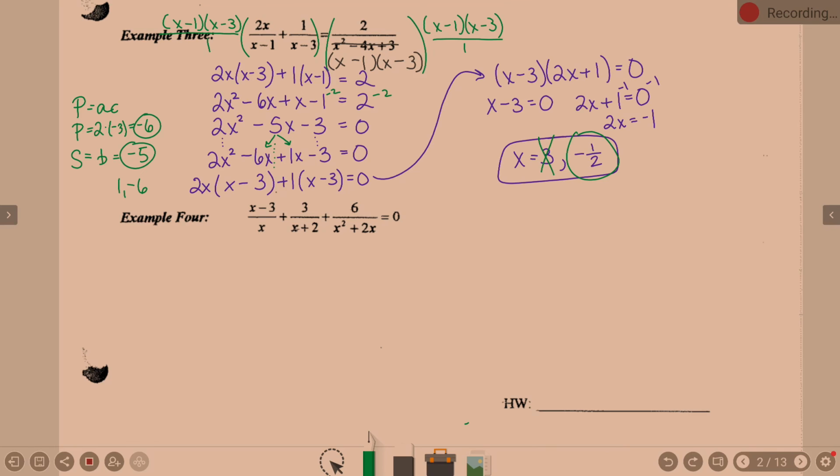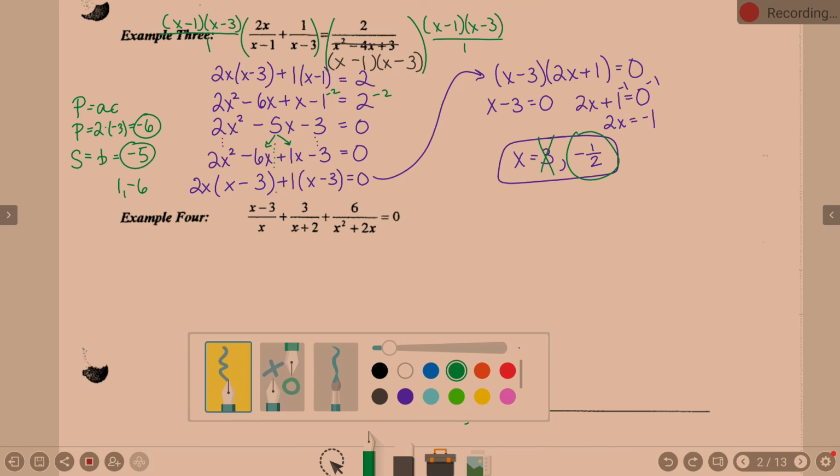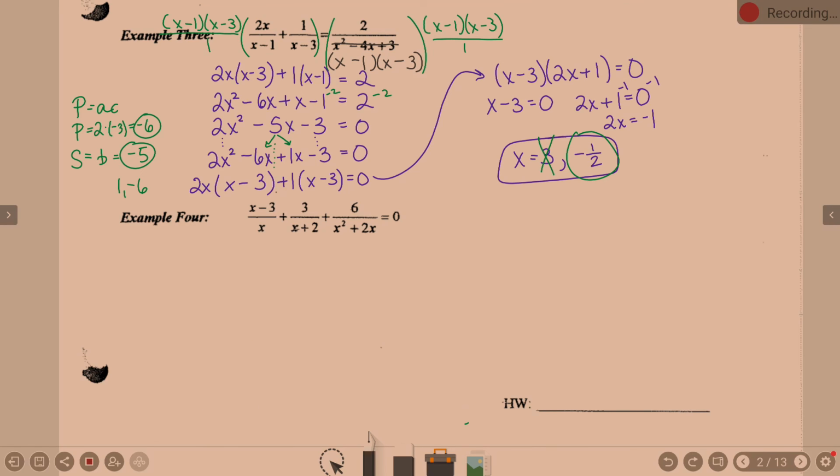X squared plus 2x has a GCF of x. So if you factor a GCF of x out, then you're left with x plus 2. And of course, it's just pure coincidence that that matches with my other denominators, right?